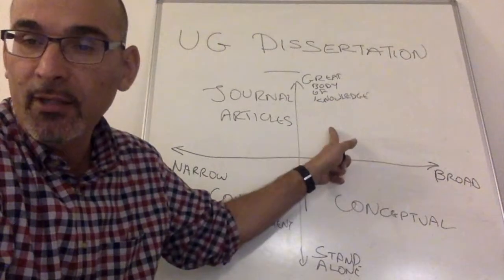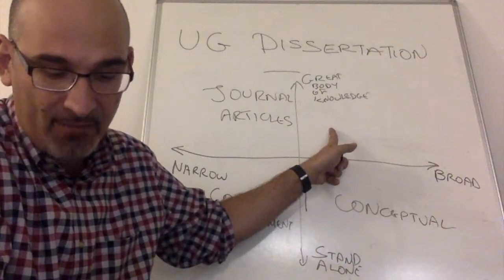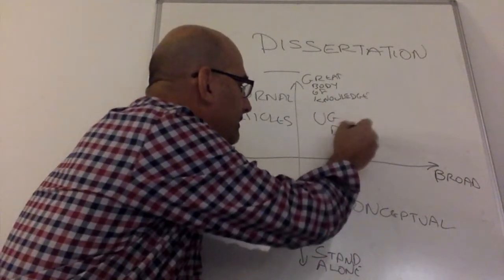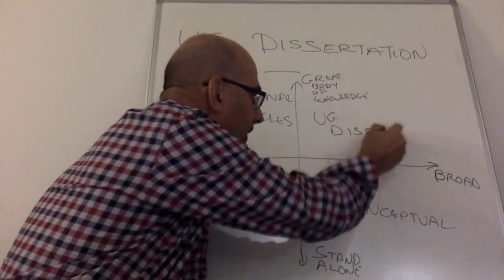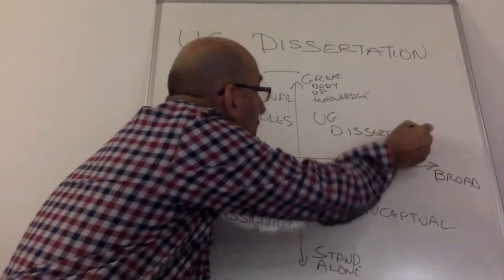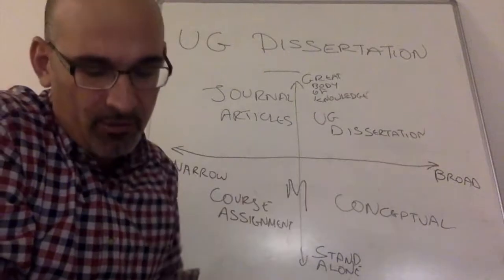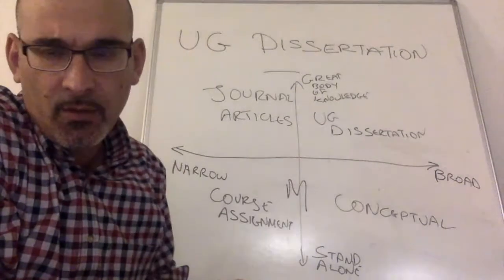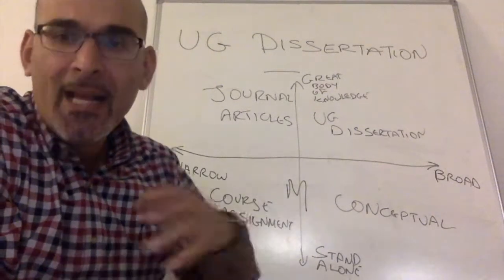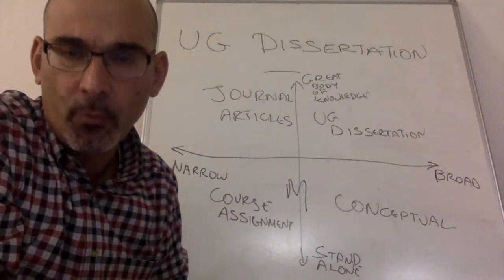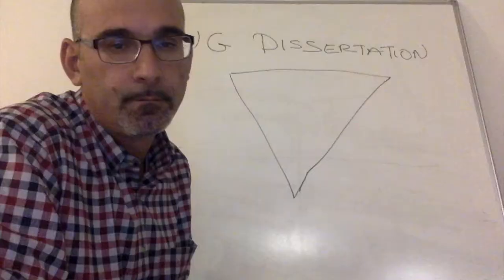So that's the only place that is left, and this is really where your undergraduate dissertation is. You contribute a bit to the great body of knowledge, and your undergraduate dissertation would have to be a little bit more broad. And the third tip, the inverted pyramid, hopefully will show you what I mean by that.